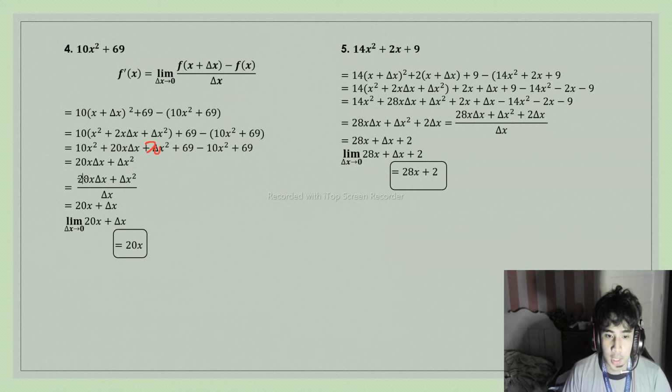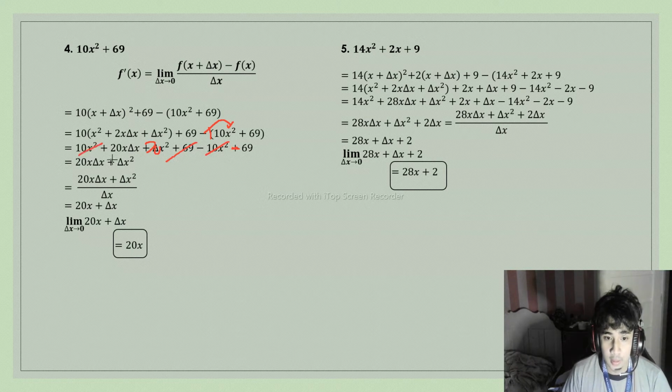Then, ika-cancel natin ang terms. Negative din to kasi dinistribute kasi negative 1 yan. Negative 1 times 10x squared, that will leave us negative 10x squared. Tapos, 69 times negative 1 is negative 69. So, our answer will be, cancel muna natin sila.